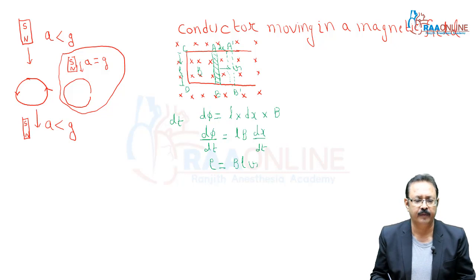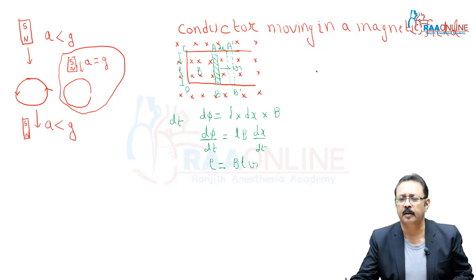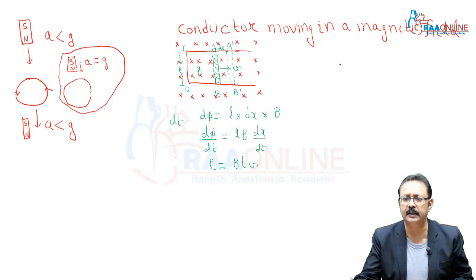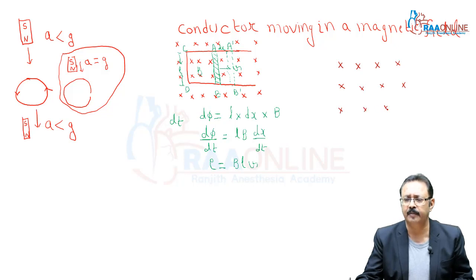Which type of problem can they frame? Suppose a magnetic field is there. Again I am making an inward magnetic field, and everywhere on this paper lines of force are there.